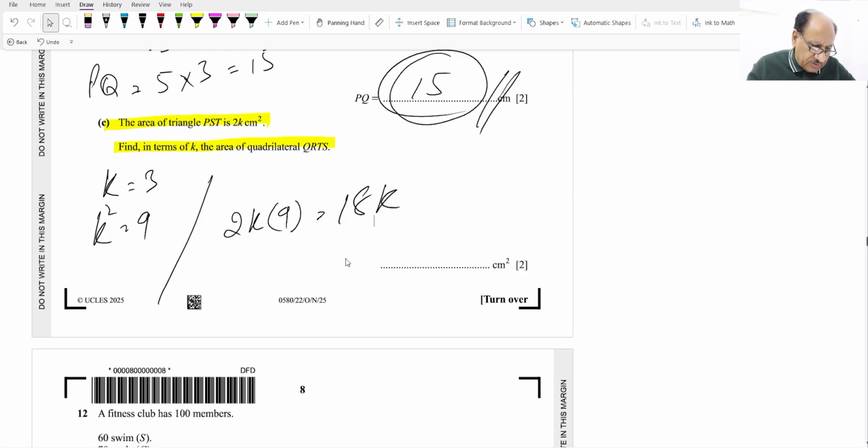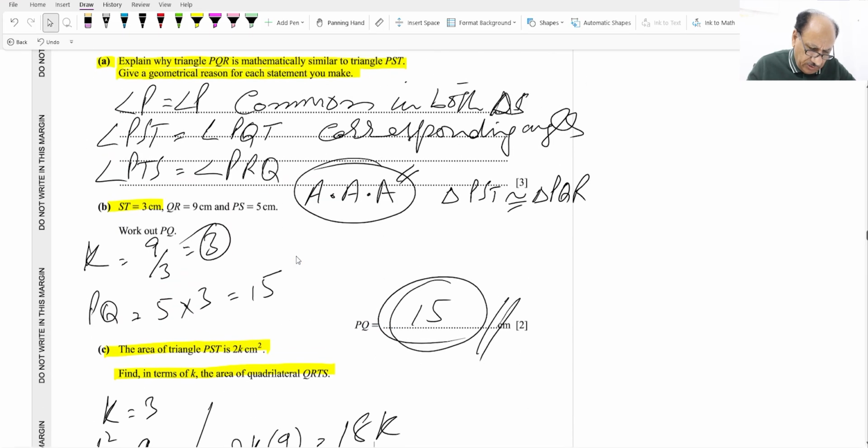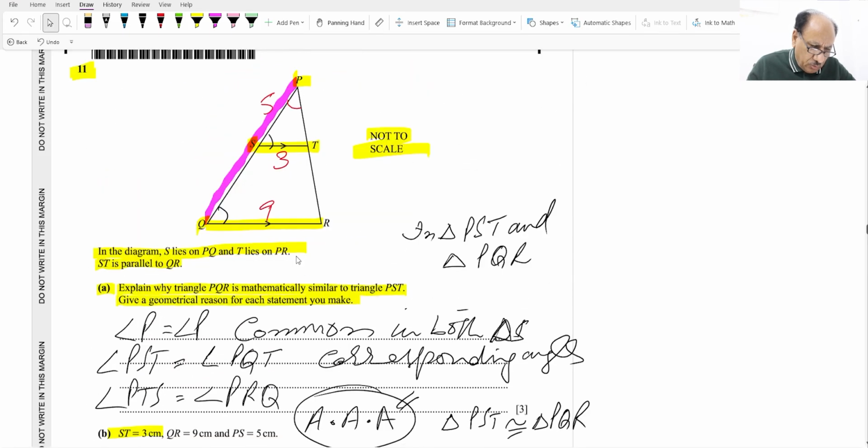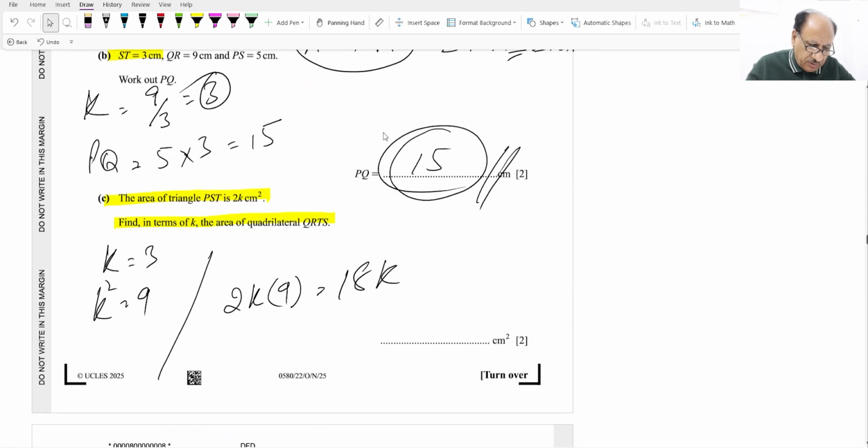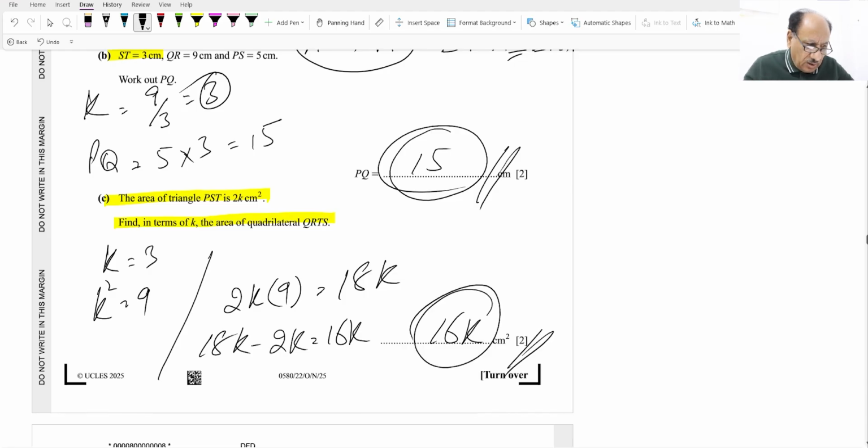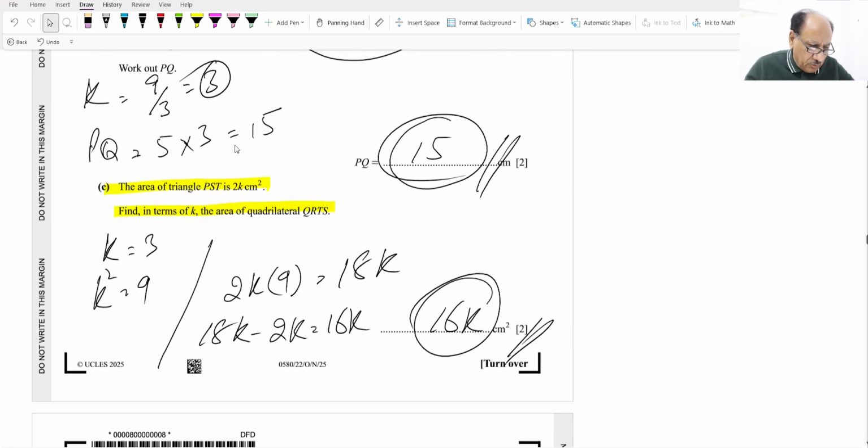But they are saying the area of the quadrilateral QRTS, so it means they require only the area of this one. So we will have to subtract the area of the smaller triangle from the bigger triangle. So 18K minus 2K will be equal to 16K, and 16K centimeters squared will be the answer for 2 marks. Hopefully you understand this.